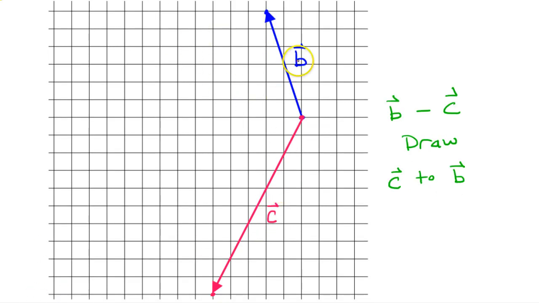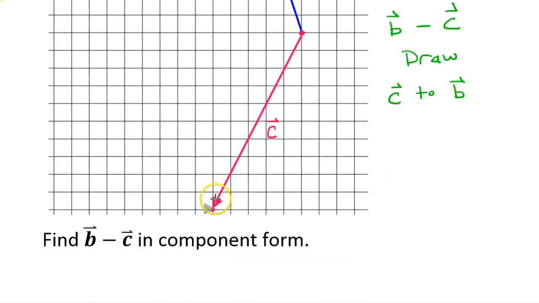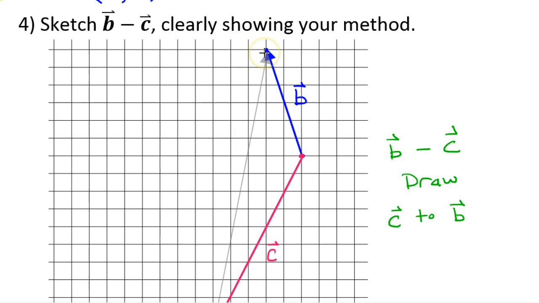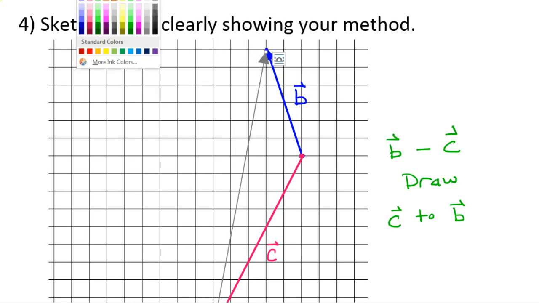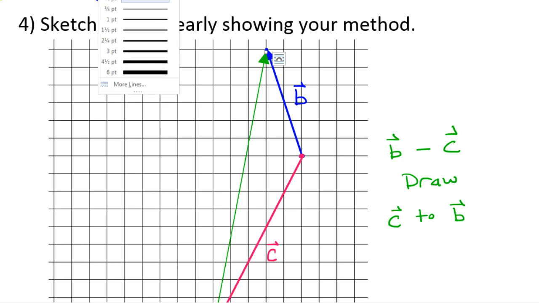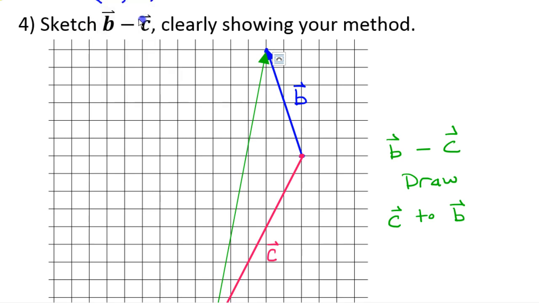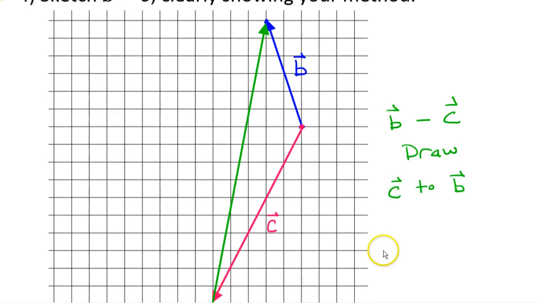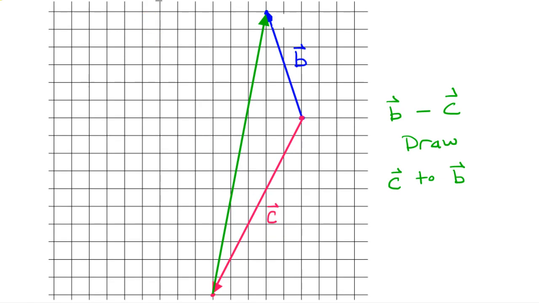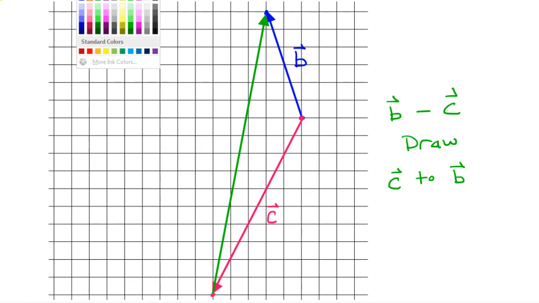I went ahead and labeled them now to make it more clear. So I'm going to draw my resultant vector from C to B, terminal point to terminal point. And I like my resultant vectors to be green. Okay, so this is the resultant vector B minus C.